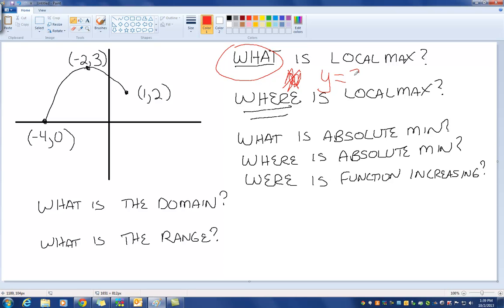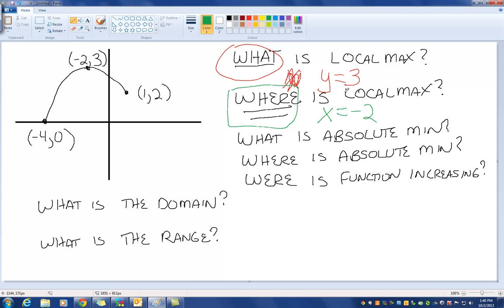So the value y equals 3 is the output at this top of the hill point that we know is a local maximum. When we are asked where is the local maximum, where is asking for a value of x. So what is the value of x when this function reaches this local maximum? Well, the value of x, the input, is -2. And so that's where the local max is. This is what the local max is.